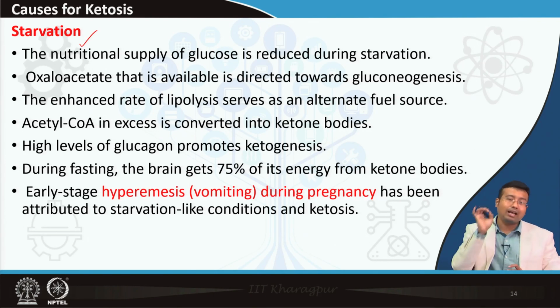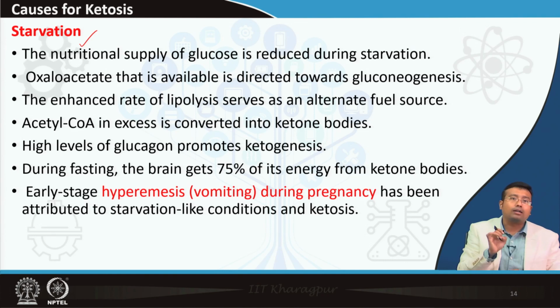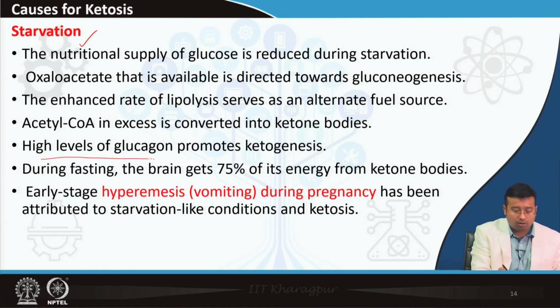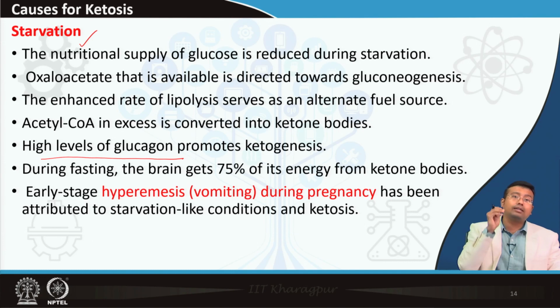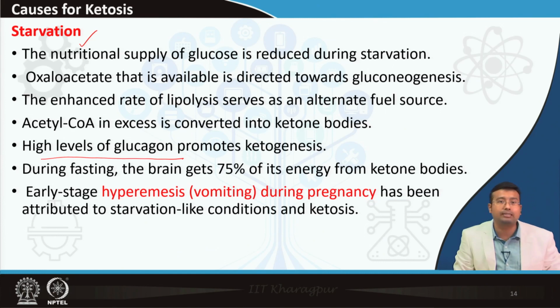All right. There is also another factor that promotes ketogenesis, that is a high level of glucagon. Do you know when glucagon level is high? Glucagon level is high when the body needs to synthesize more glucose or when the body is in a hypoglycemic state.